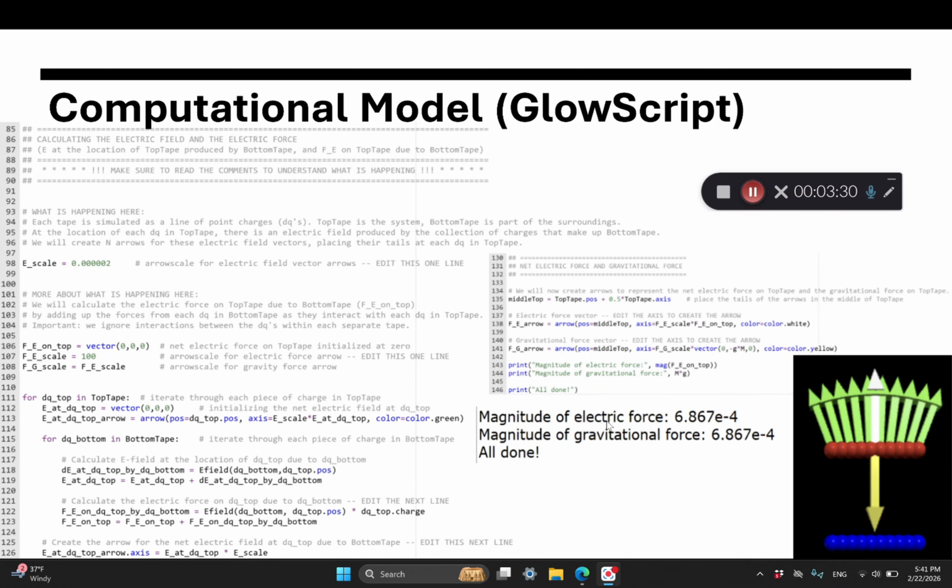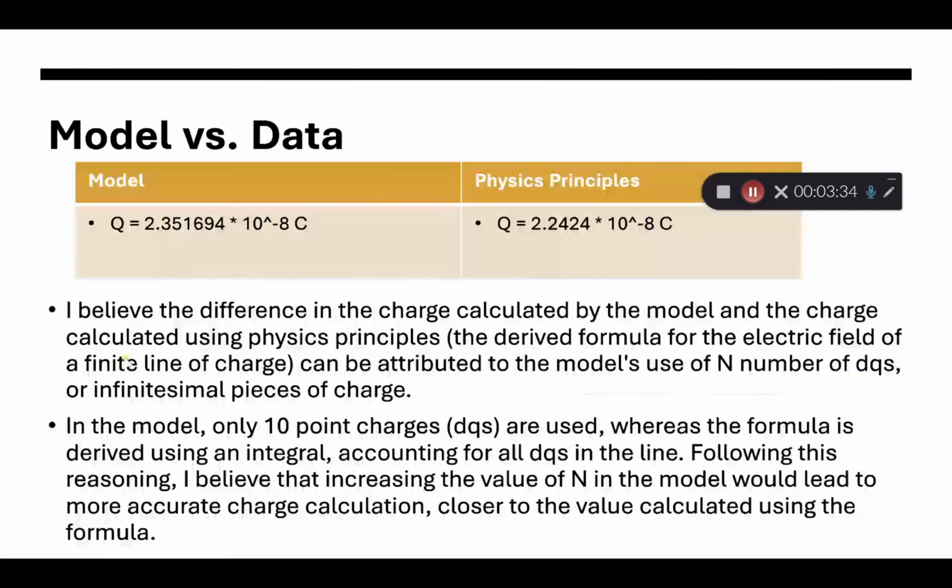And then our magnitude of electric force and gravitational force are equal to each other, but I will note that in this slide, our model charge is different from the charge with our formula, and I believe the difference in the charge calculated by the model and the charge calculated using physics principles can be attributed to the model's use of n number of dQs instead of an integral that is derived from the formula we use.